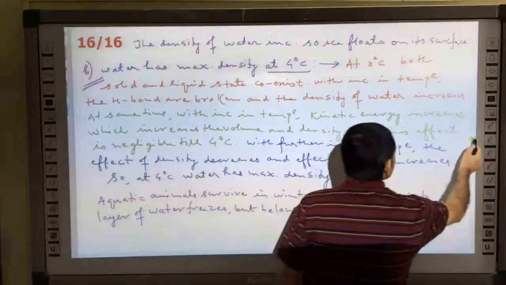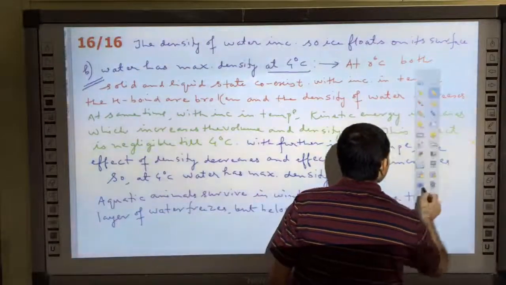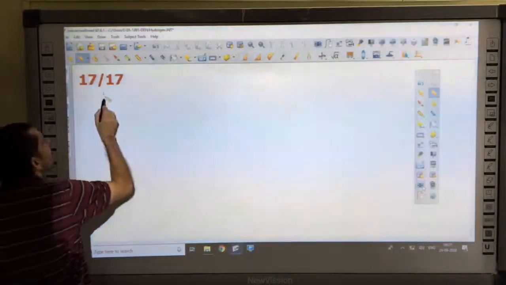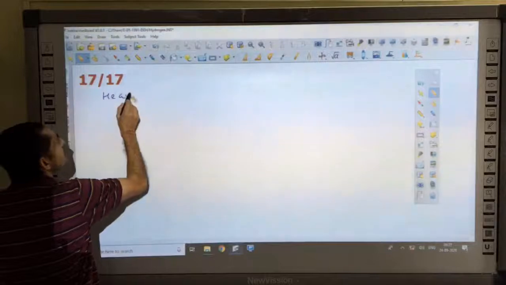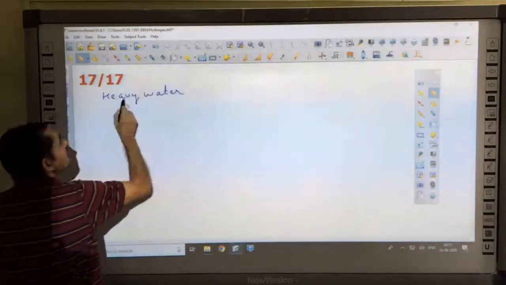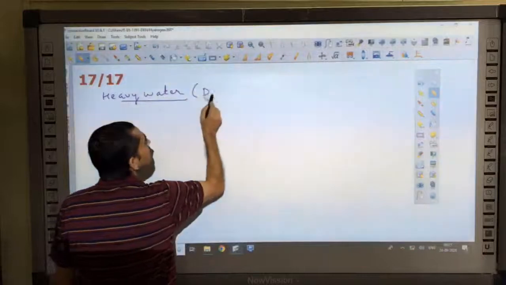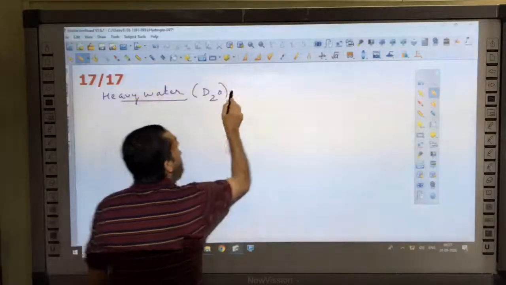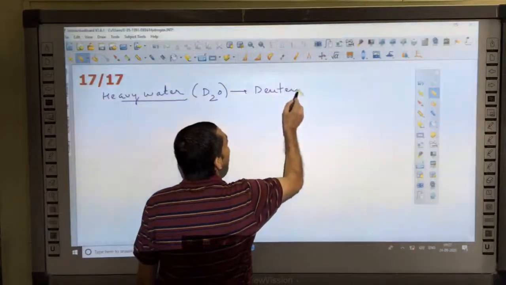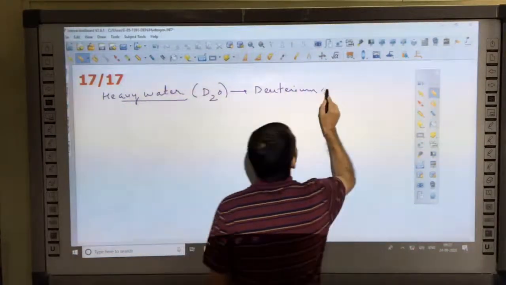Now, the last portion of this unit is heavy water. Heavy water is D2O. It is called deuterium oxide.